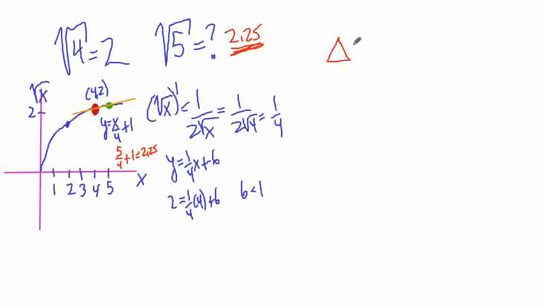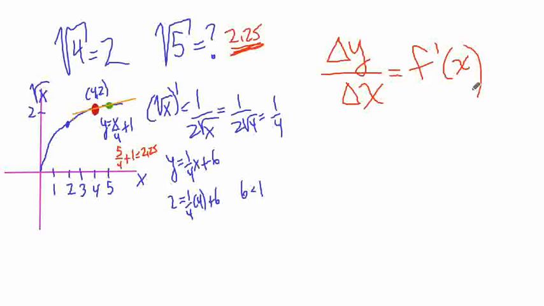The slope is delta y over delta x, just like it's true for all lines. And we were able to calculate the slope of that tangent line using the derivative. In this case the function was square root of x, but in general it'll be some f, and so the derivative is f prime of x.